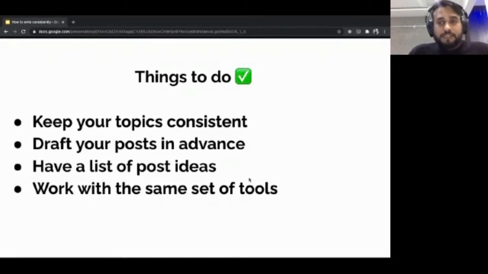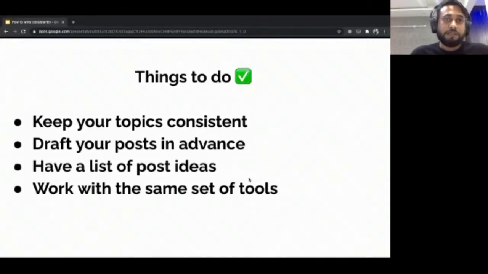The last thing I would like to say on this slide is that working with the same set of tools is always helpful. I would say start with tools that you know, and by tools I mean the applications you use to take notes.